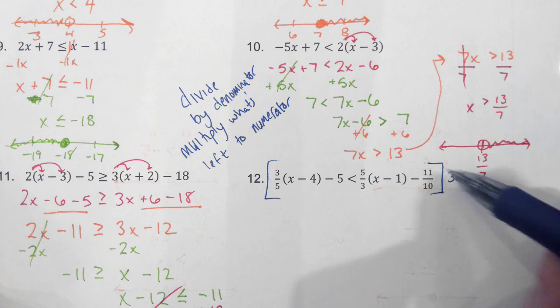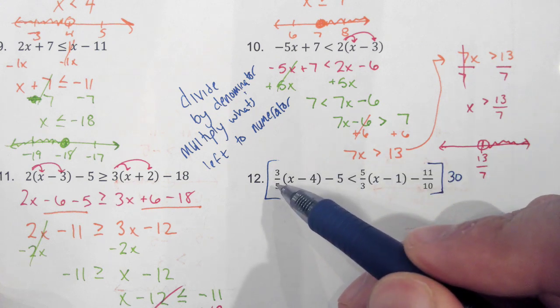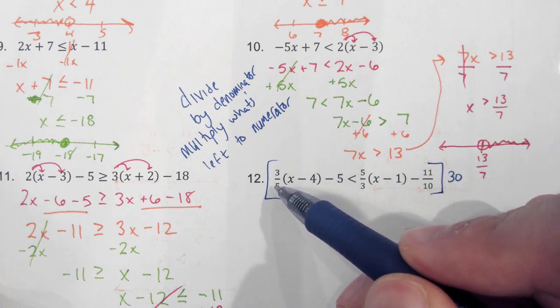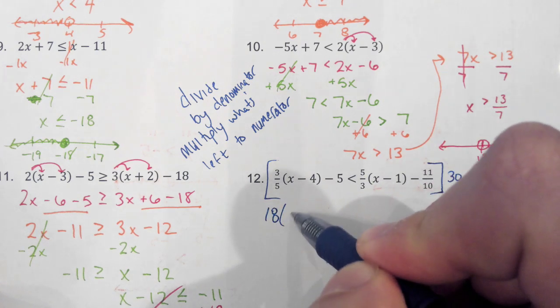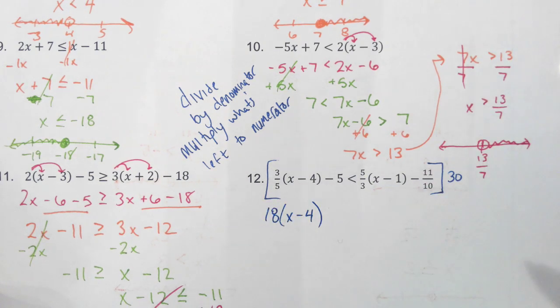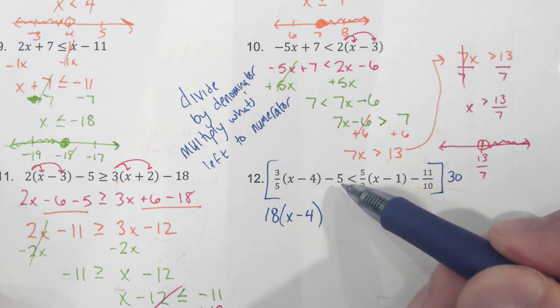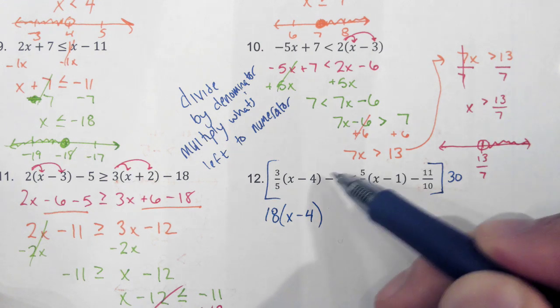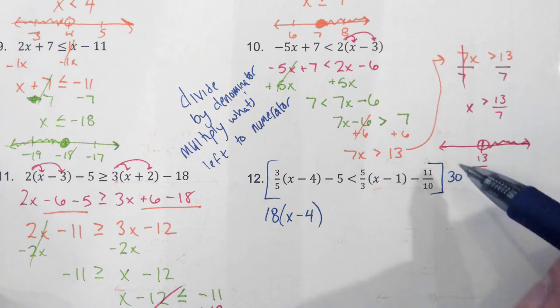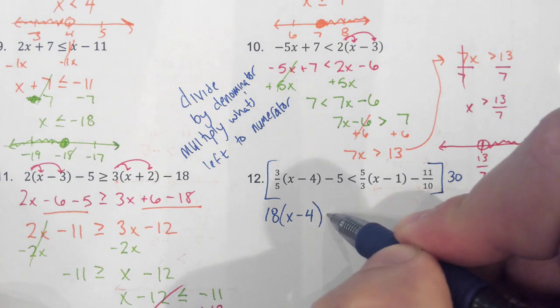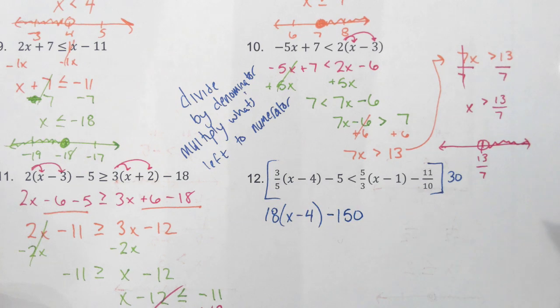So we're going to do 30 divided by 5, which is 6. 6 times 3 is 18. So it's going to be 18 times x minus 4. This is not in a parentheses, so it is not safe. 30 times 5 is the same as 3 times 5, just with a 0 at the end. 3 times 5 is 15, so that's going to be 150.